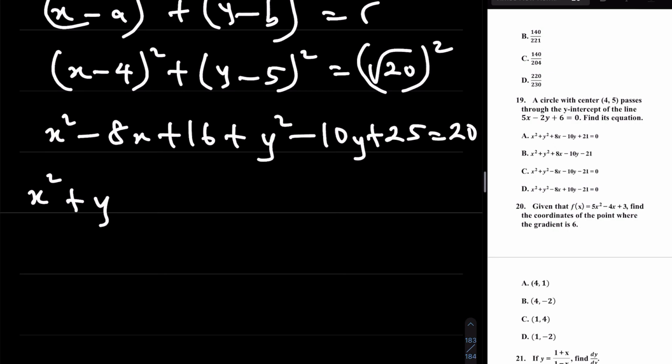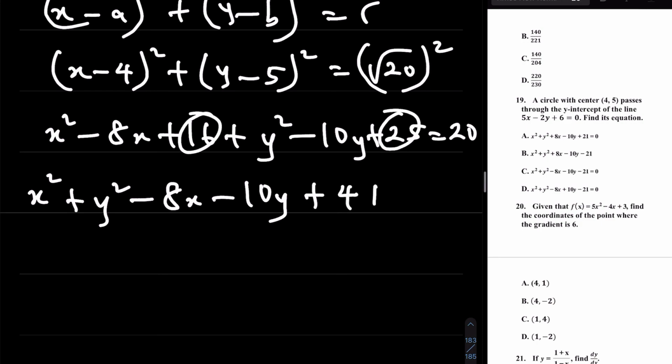That simply means x squared plus y squared minus 8x minus 10y plus 16 plus 25, which is 41, equals 20.